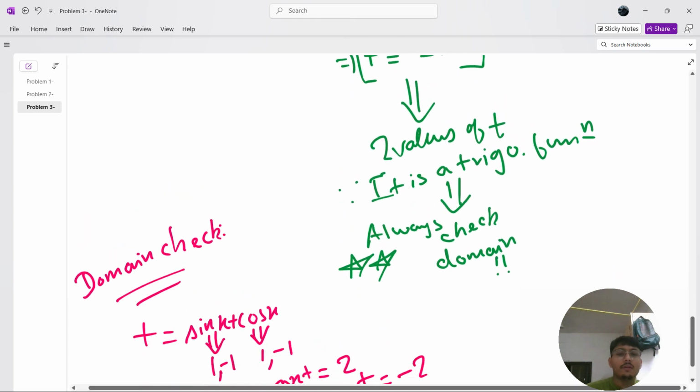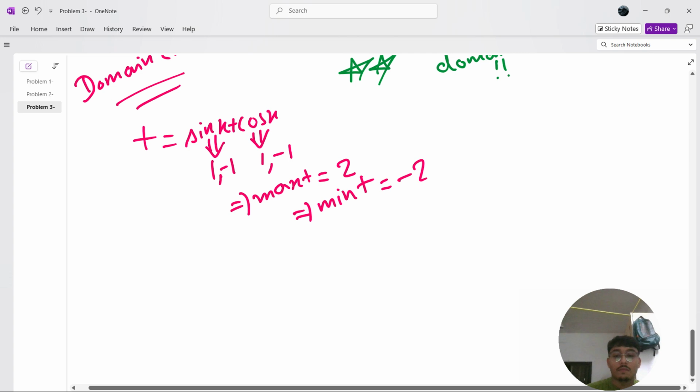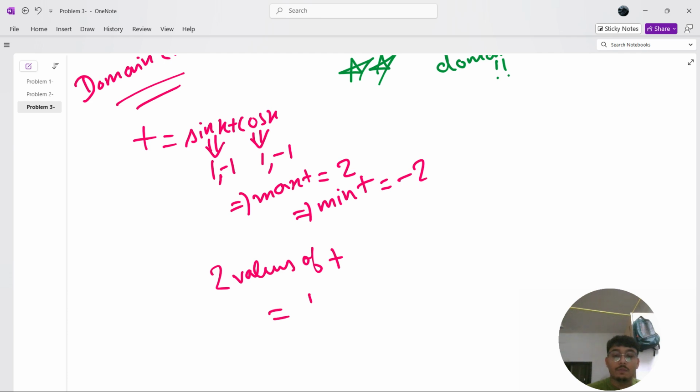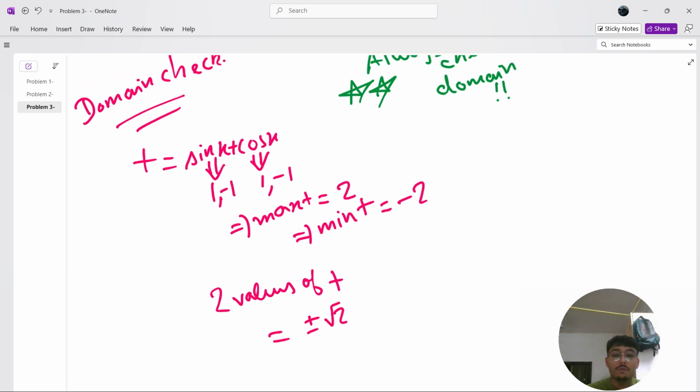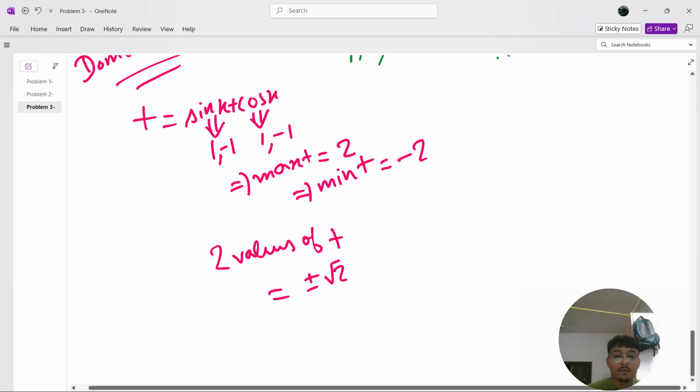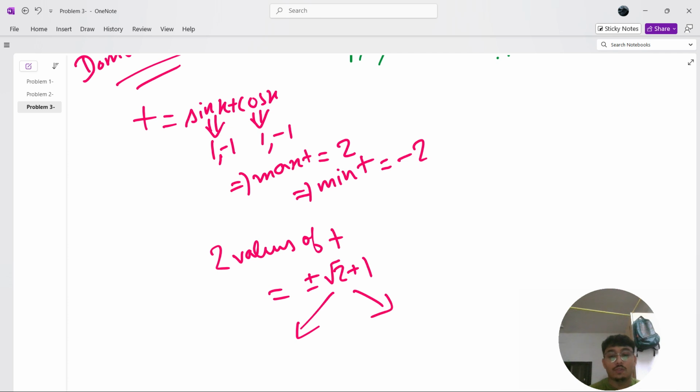Here we are given two values of t, which are plus minus root 2 plus 1. So basically one is root 2 plus 1 and another is minus root 2 plus 1.